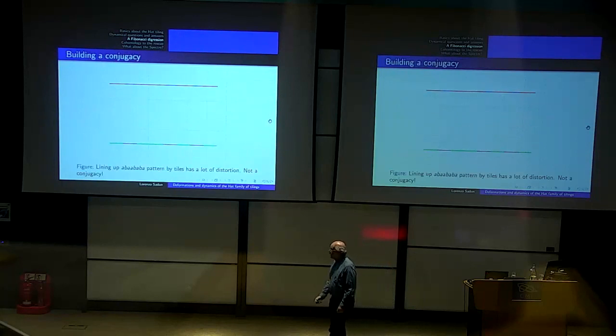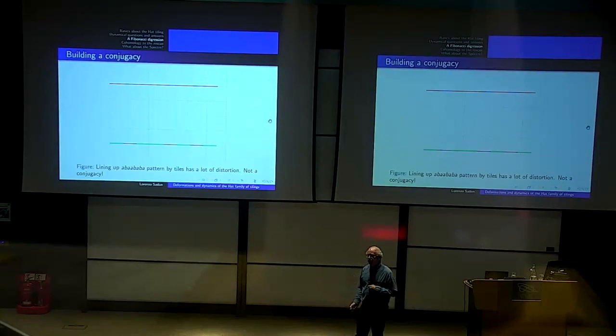So how would we build a conjugacy? This is going to be tiles in the tiling space where they have length phi and 1. And this is going to be tiles where they have the same length. How would you build a conjugacy with that?